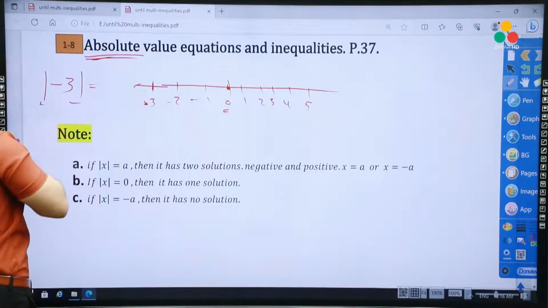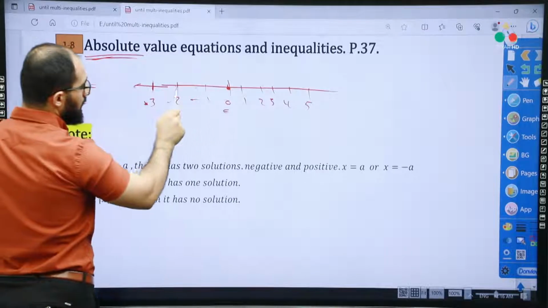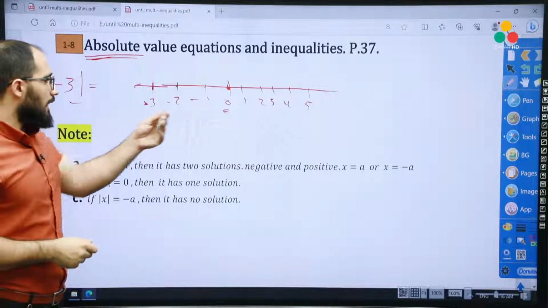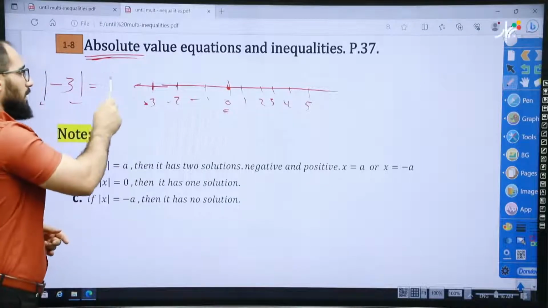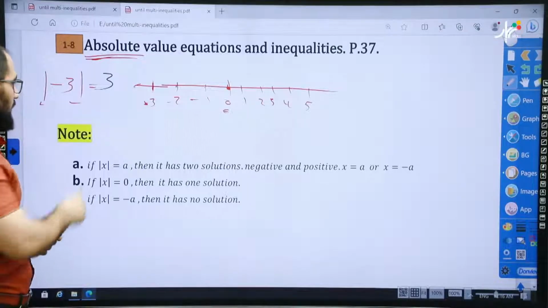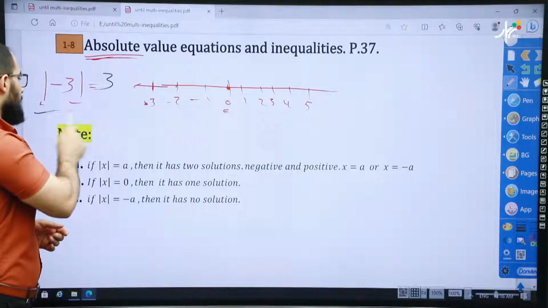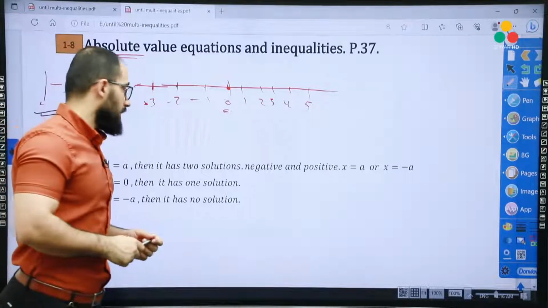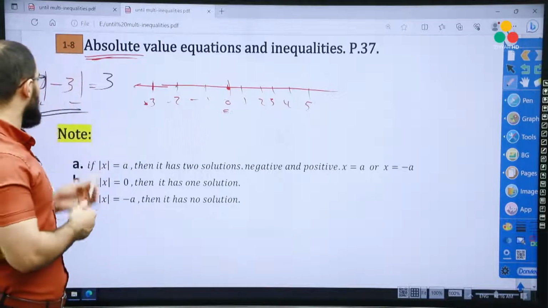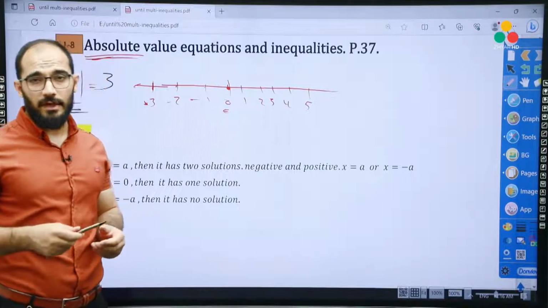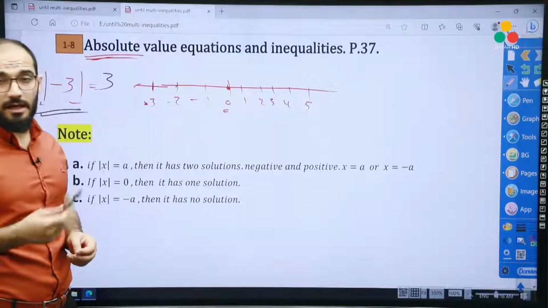So we are going to count it: 1, 2, 3. The distance between -3 and 0 is 3 units. That's why the absolute value is always positive. Maybe you ask your teacher why absolute value is always positive. Because absolute value is distance and distance cannot be negative.